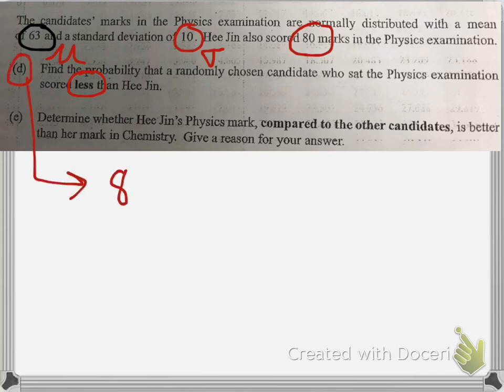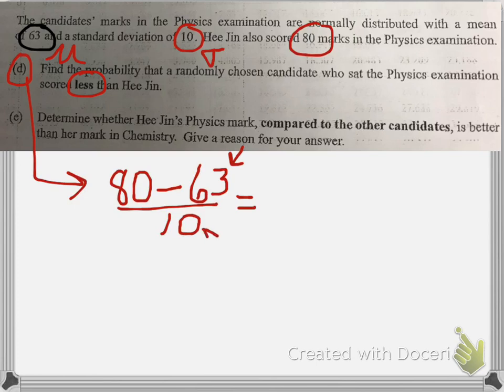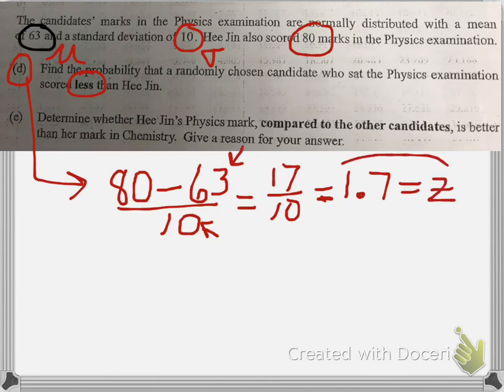We're going to use 80 because she scored 80 on both, except this mean is going to be 63 and this standard deviation is going to be 10. In the previous example, this number was not 63 and this one was 12. So we have a z-score of 1.7.